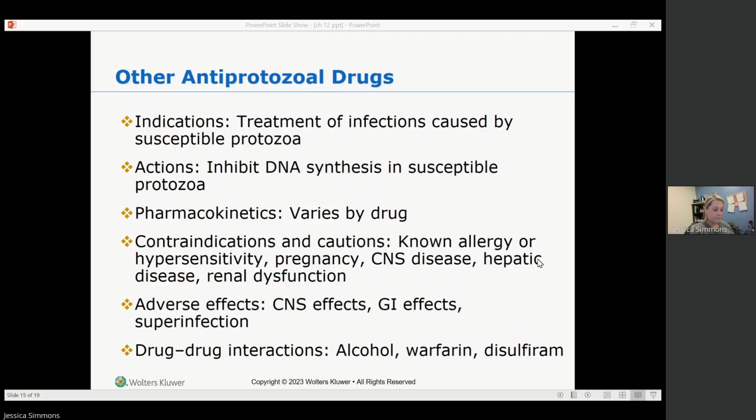It can be used for C. diff, but most of the time it's oral vancomycin, though that doesn't mean there aren't other treatments for C. diff. It's also used as prophylaxis for clients who will have surgical procedures, vaginal, abdominal, or colorectal surgery, and are at high risk for anaerobic infection. It is also used in the treatment of H. pylori in combination with tetracyclines and bismuth subsalicylate in clients who have peptic ulcer disease.